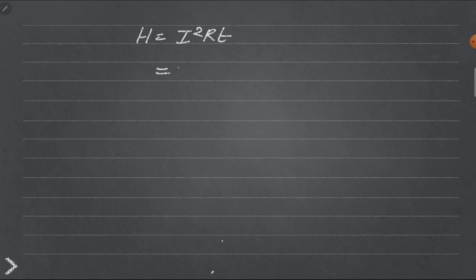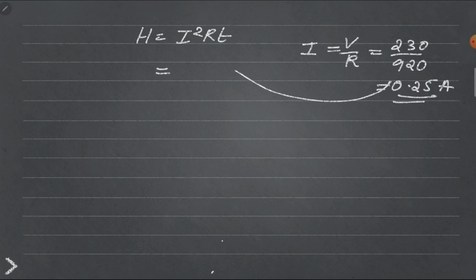First of all, we need to find I. We know that I is equal to V by R from the equation of Ohm's law. And we have V is equal to 230 and R is equal to 920. The answer will be 0.25 ampere. You need to substitute that here. So that will be 0.25 the whole square into 920 into the time of flow.